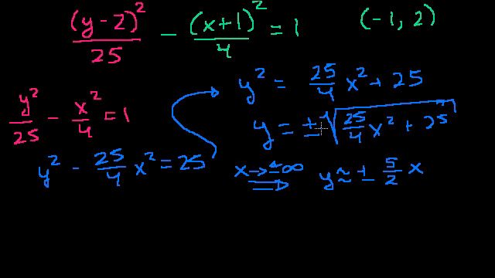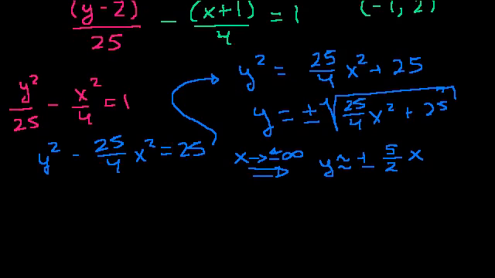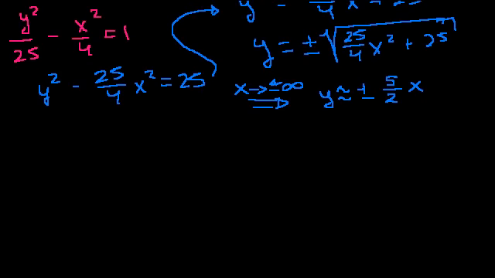And then we could figure out if it's an upward opening or a downward opening graph. Okay, we're centered at negative 1, 2. This is my y-axis, this is my x-axis, and we're centered at minus 1, and then 1, 2.